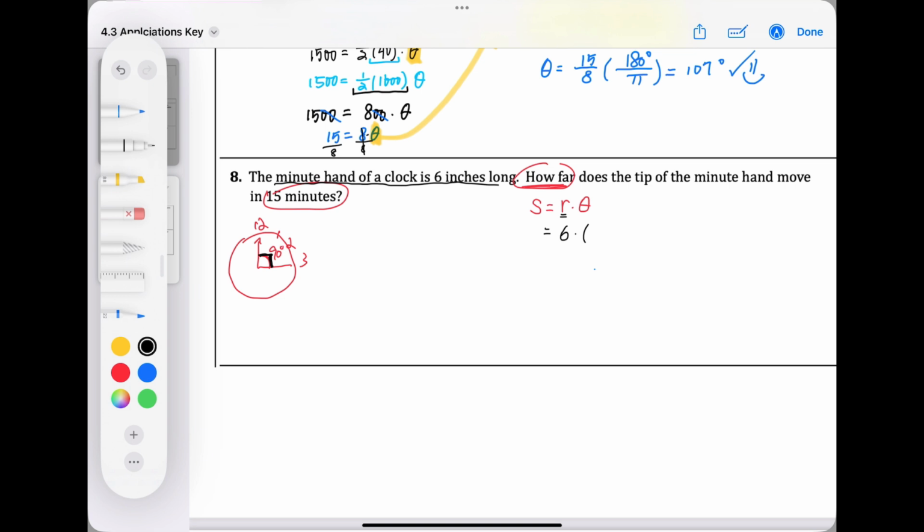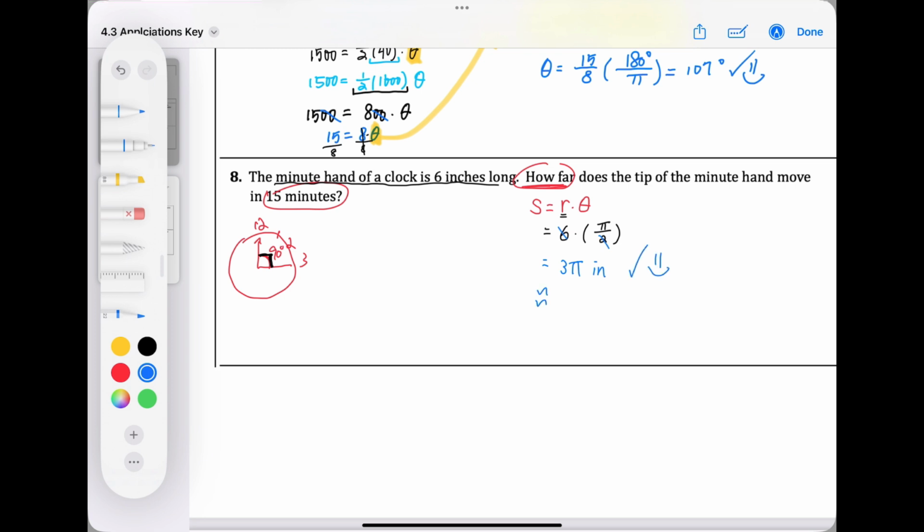It will be 90 degrees. We would love to see it in radians. So 90 degrees is equal to pi over 2. Good. Now, housekeeping. 6 and 2 can cancel out. So what is my distance? That will be 3 pi. And what is my unit? Inches.